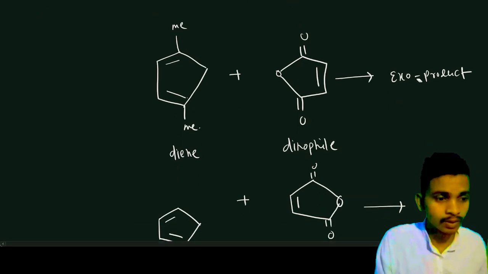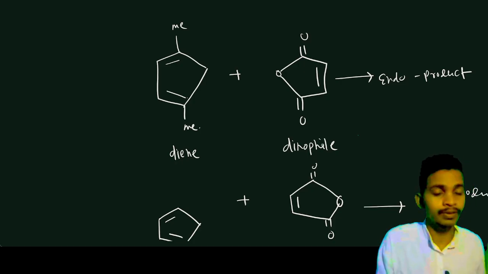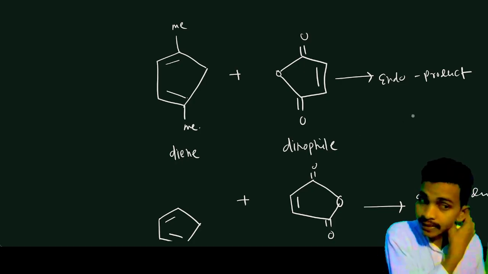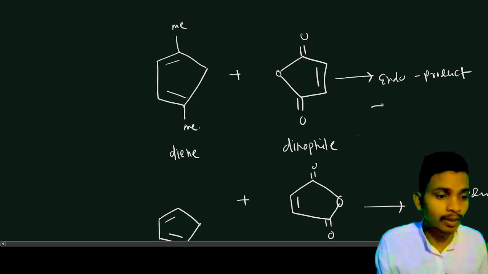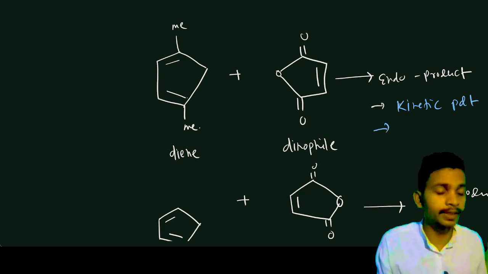Here this is the endo product, and this will be the exo product that we discussed in the previous class. The endo product is the kinetic product, and the intermediate is stable here.